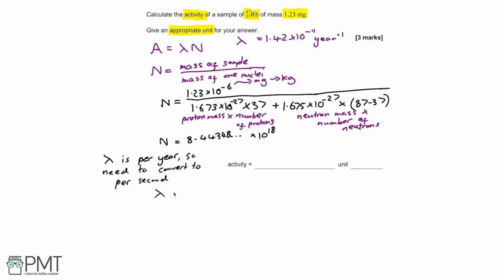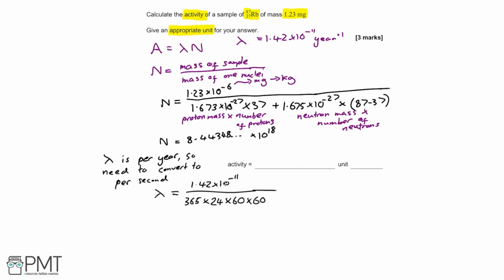So lambda has to be equal to 1.42 times 10 to the minus 11 divided by the number of days in a year multiplied by the number of hours in a day multiplied by the number of minutes in an hour multiplied by the number of seconds in a minute.